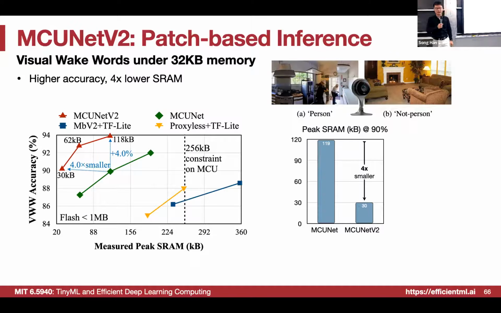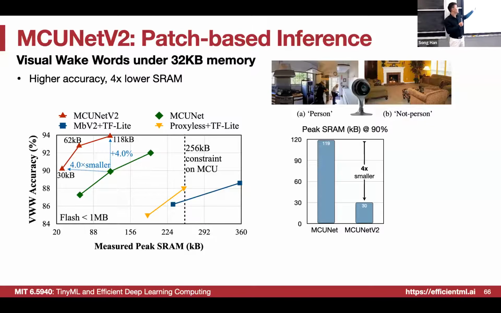And here are the results. This is our 2019 result. This is 2020 result. This is 2021, NeurIPS 2021 result. Every year we've been pushing the frontier. First reduce the memory by twice, another 4x, which is pretty exciting. Now we can do person detection of visual wake words using only 30 kilobytes of SRAM with 90% accuracy.